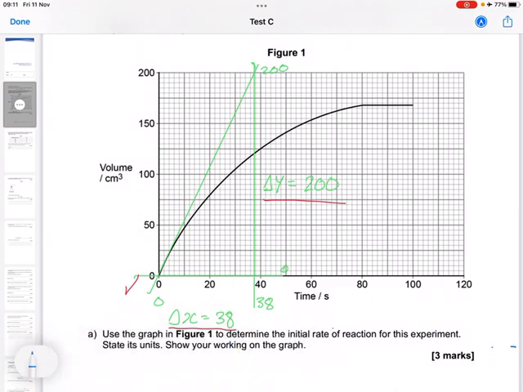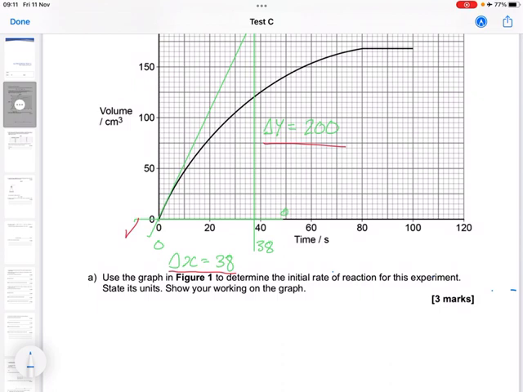So at this point I can now determine the gradient, and the gradient is the rate, because the rate is the change in the concentration, which is proportional to the volume of gas that is given off, divided by the change in time. So the gradient here is 200 divided by 38, which gives an answer of 5.26.